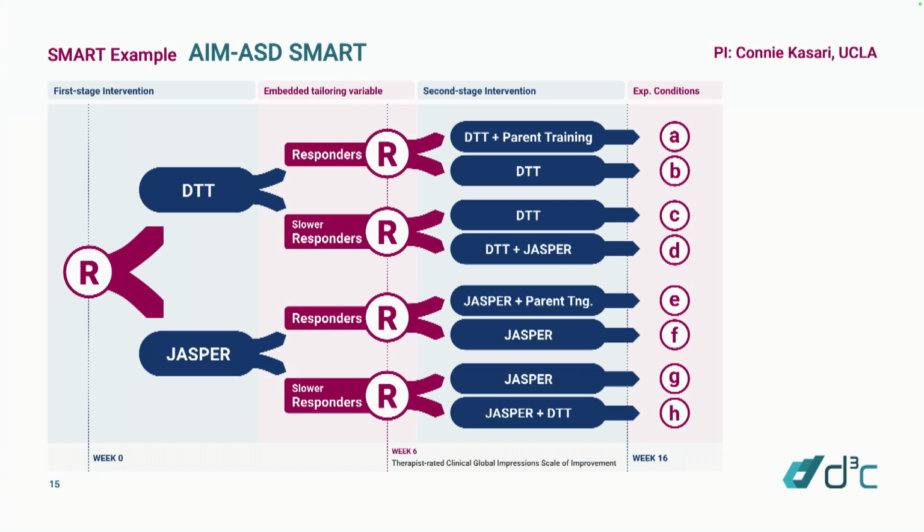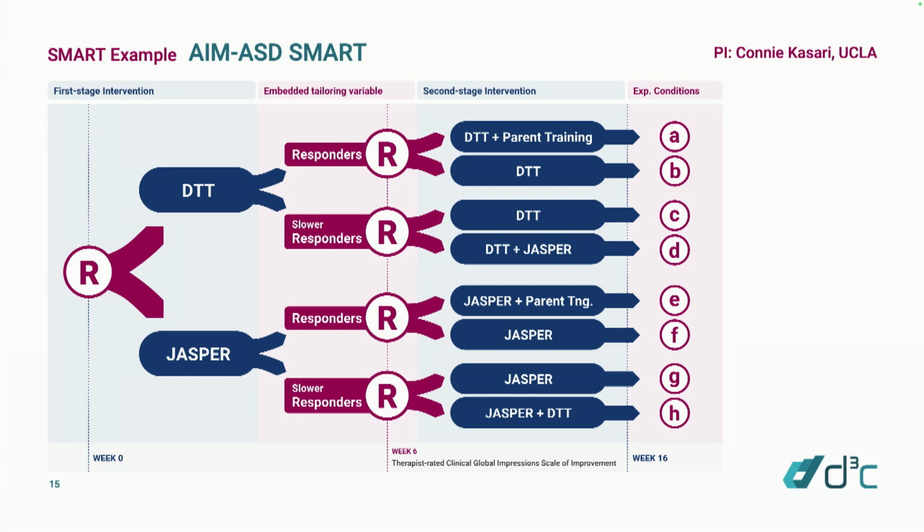Connie taught me that. Most kids with autism will get DTT to start. But we weren't sure whether maybe there's a benefit to not starting with DTT. So that was one of our questions. We wanted to know whether to start with JASPER versus DTT.